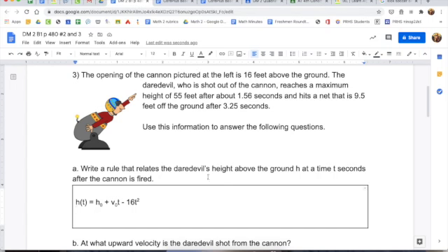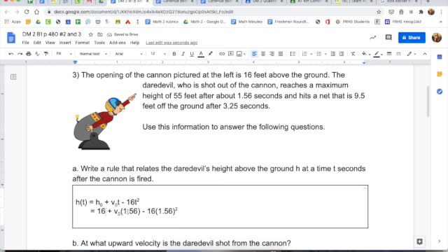When time is 1.56, I'm going to replace all these t's with 1.56 seconds. And I know that the initial height, which is h sub 0, is 16 feet.